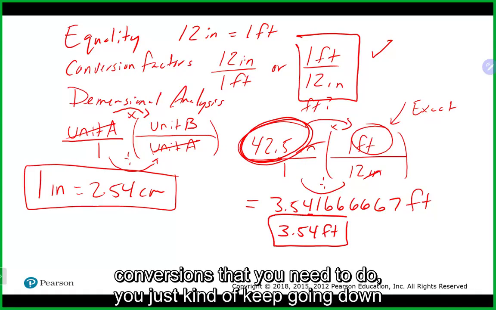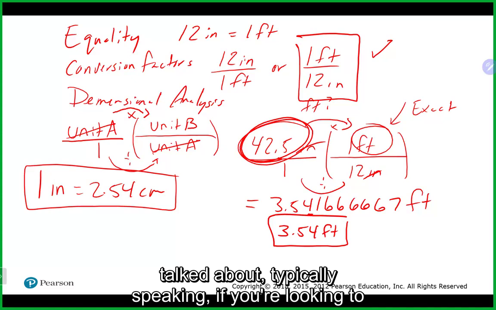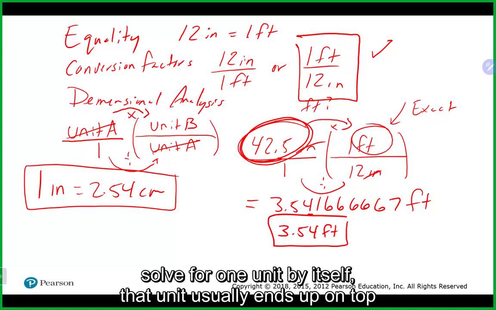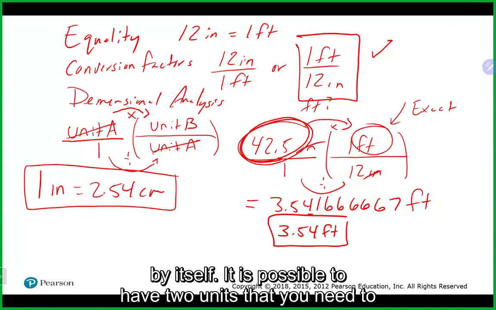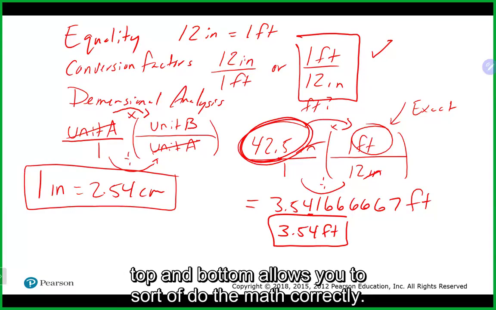If you have more conversions that you need to do, you just keep going down in that pattern of top, bottom. As we also talked about, typically if you're looking to solve for one unit by itself, that unit usually ends up on top by itself. It is possible to have 2 units that you need to convert at the same time, and keeping things on top and bottom allows you to do the math correctly.